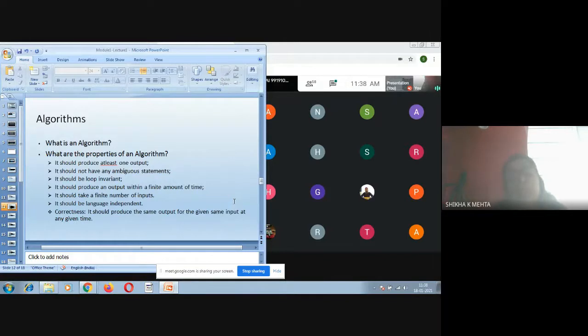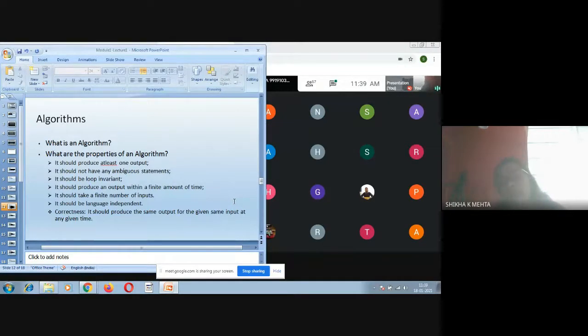So we should get the output within a finite amount of time. If we are not getting the output, there is something wrong with the logic we have developed. It should take a finite number of inputs: when writing the algorithm, we provide a limited number of inputs, for a certain range of inputs, to find the solution.